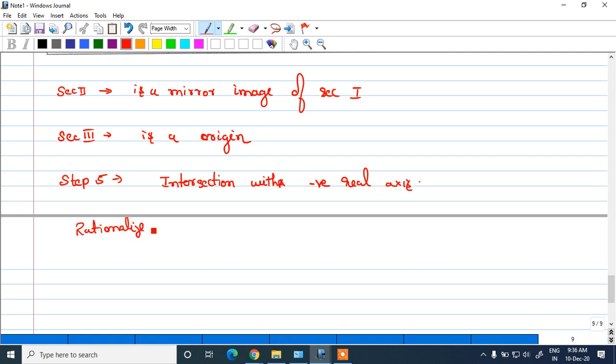rationalize. So the given problem is G of j omega H of j omega, I am substituting s as j omega. That is equal to 40 by 4 plus j omega multiplied by 2 minus omega square, this I will consider as a positive real value, plus 2j omega.